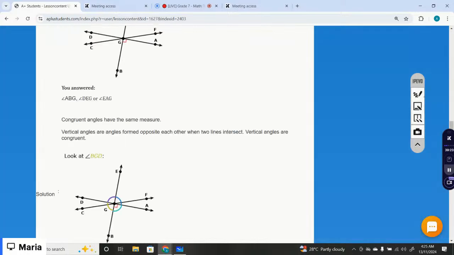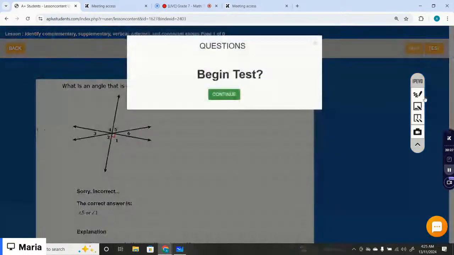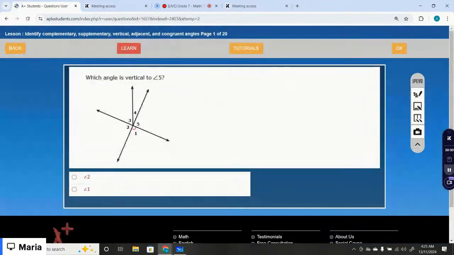Let's just start with the test questions. Which angle is vertical to angle 5, which is the correct option? That is angle 1, right? Here is angle 5. So adjacent angle is angle 1.